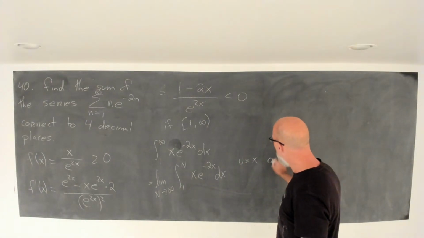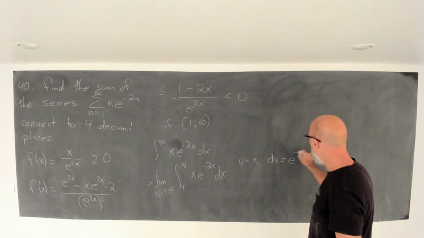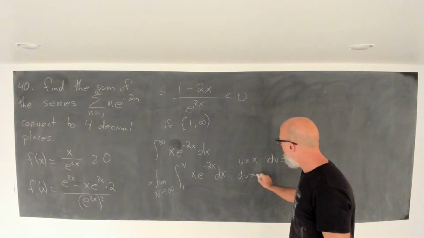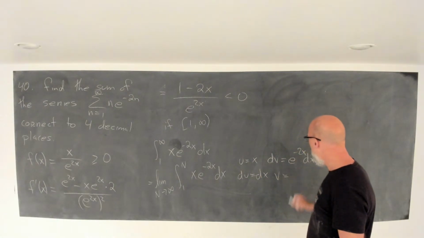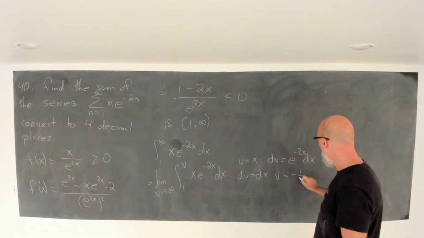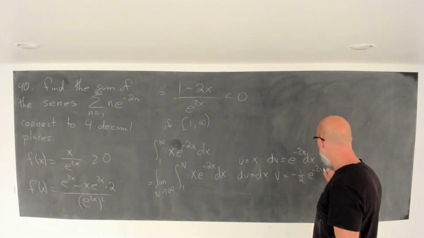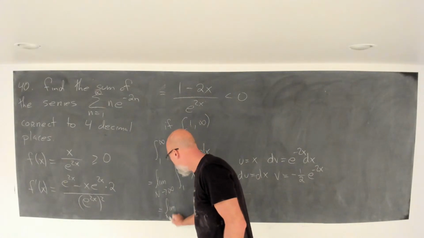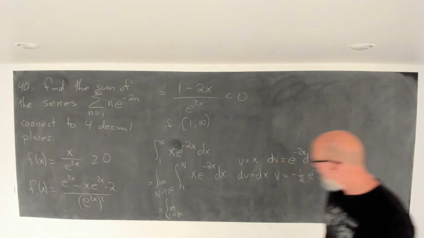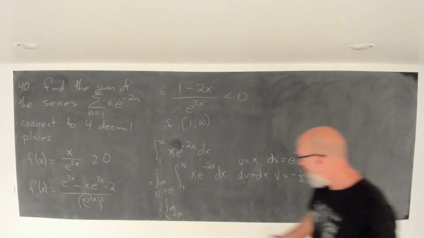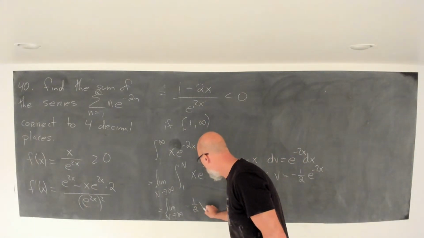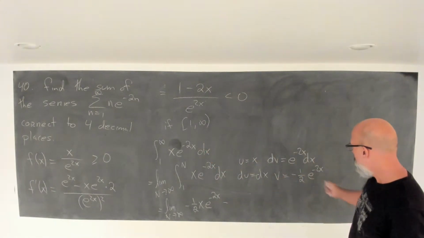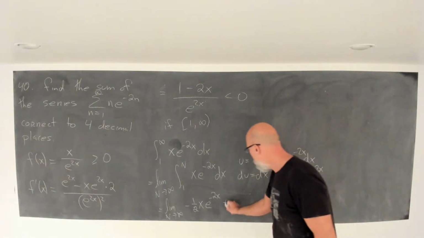So u is x, dv is e to the minus 2x dx, du is dx, and v is negative 1/2 e to the minus 2x. So this becomes uv minus the integral of v du.